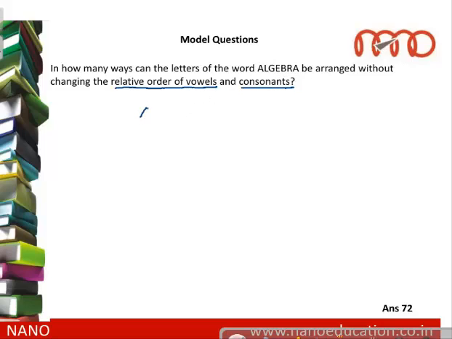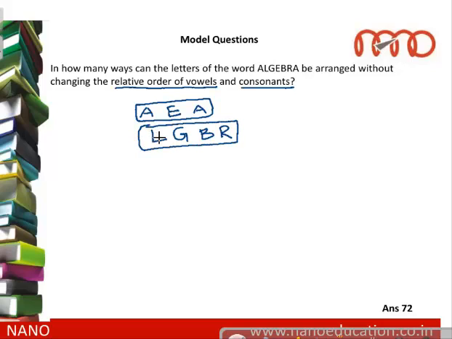In the word algebra, if you look at the order of vowels, A is the first letter, then comes E, and then comes A. And if you look at the consonants, first is L, G, then B, then R. So we should not disturb the relative order of the vowels. First it should be A wherever it is, then E, and then A. And looking at only consonants, first should be L, then G, then B, then R.